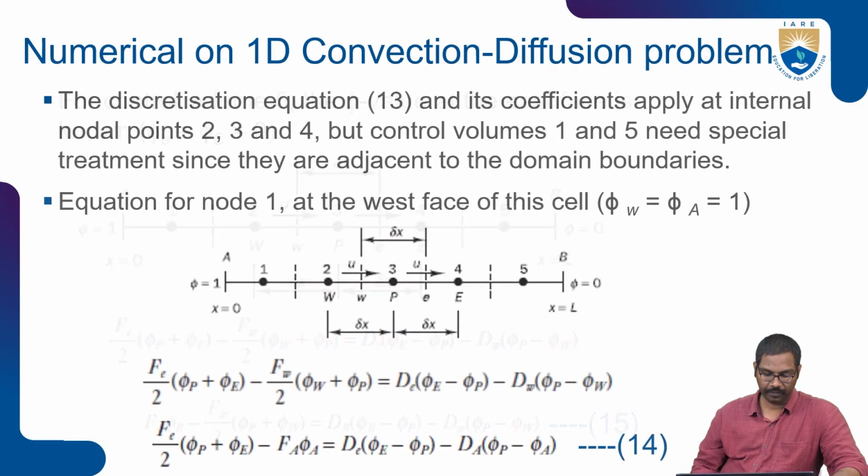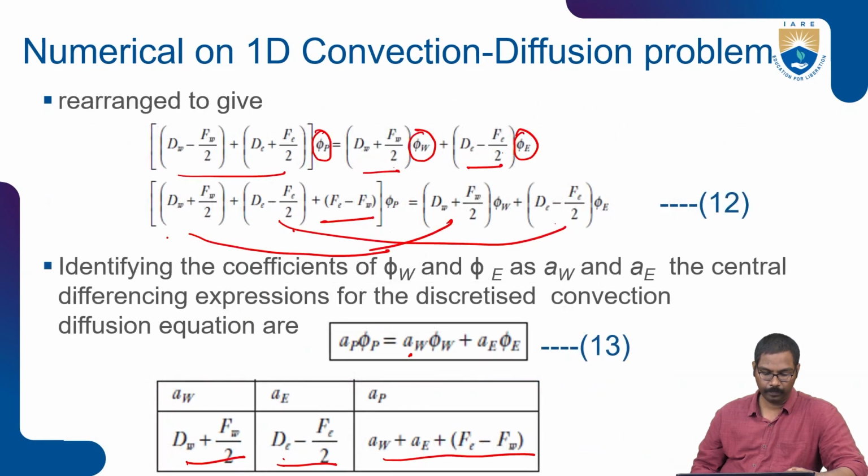You can obtain these values from the formula: aW = dW + Fw/2, aE = dE − Fe/2, and aP. For each node 1, 2, 3, 4 or 5, you have to consider the west element. For node 1 the west element is A and the east element is 2.